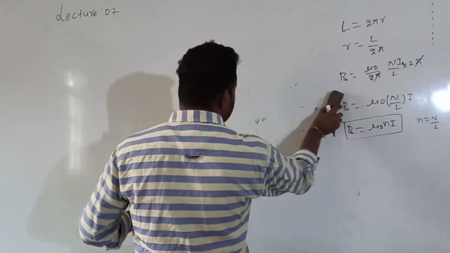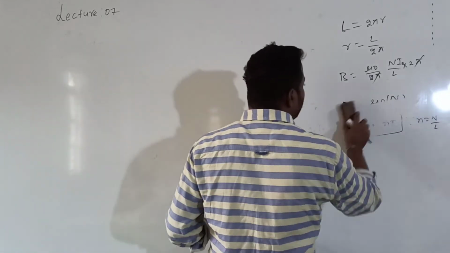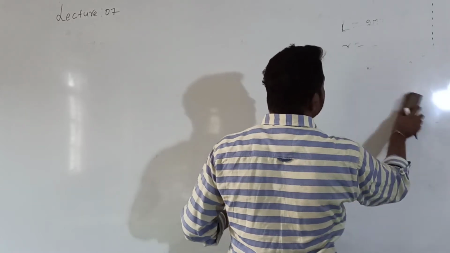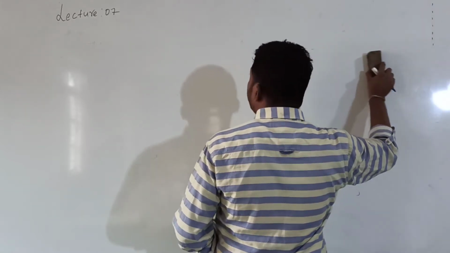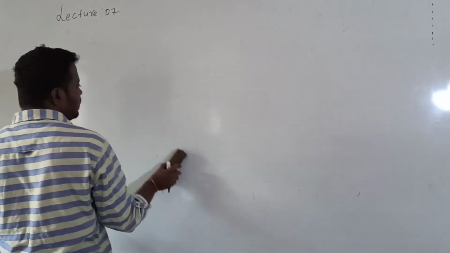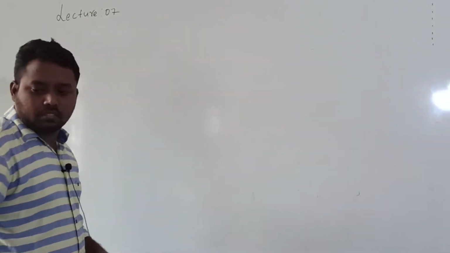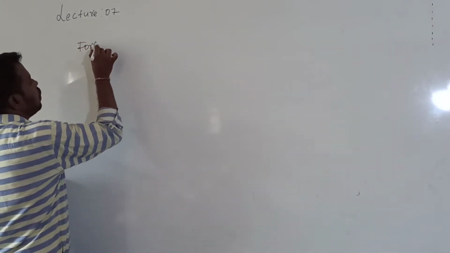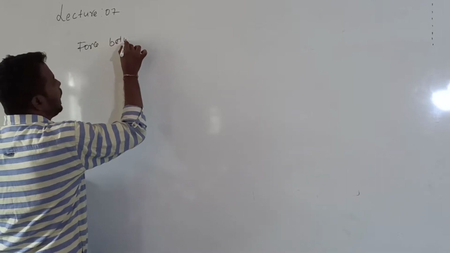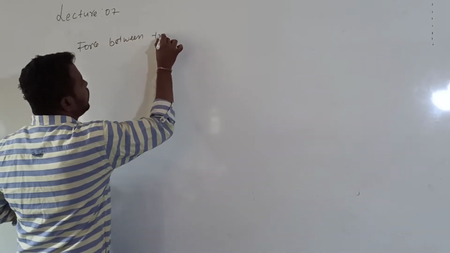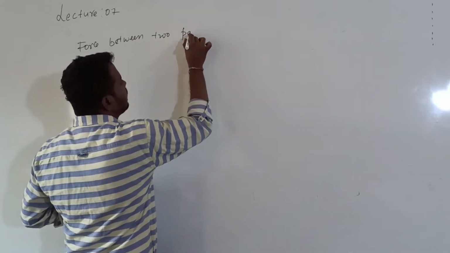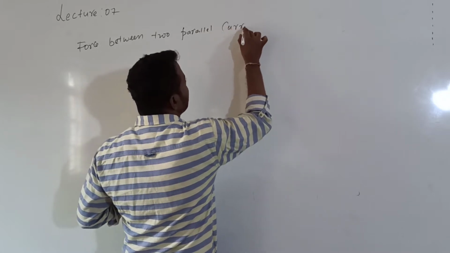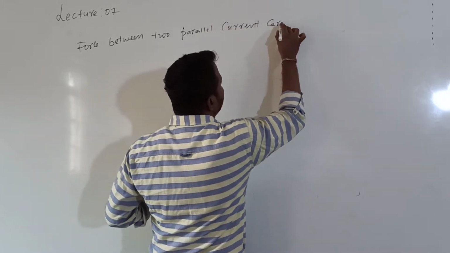After the solenoid and toroid, today we will discuss another very important derivation, that is the force between two parallel current carrying conductors.